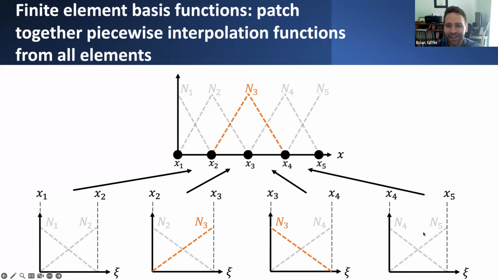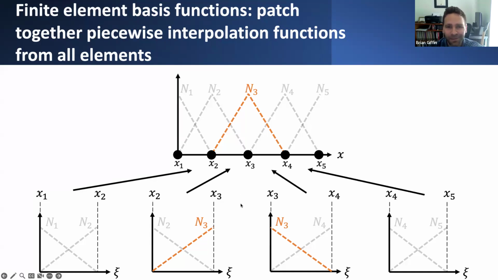And then otherwise, let's say in elements 1 and 4, this particular basis function is assumed to just be equal to 0 in each of these two domains. So this is one of my funny basis functions, my finite element basis functions. And sometimes they're also referred to as hat functions because they kind of look like a party hat, one of those triangular or conic hats that you might have at somebody's birthday or something like that. So hat functions, finite element basis functions, all kind of referring to the same things.